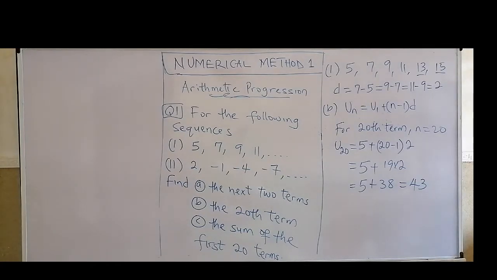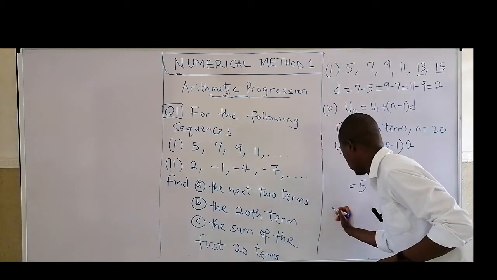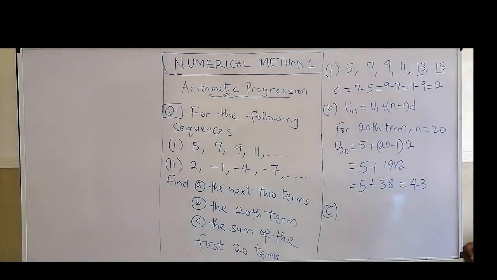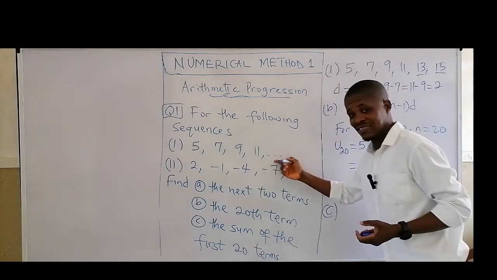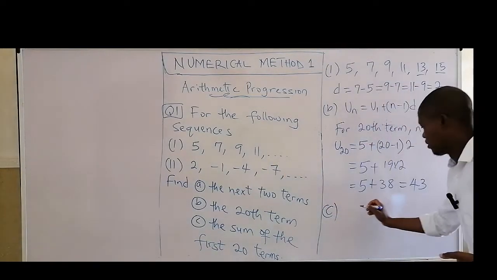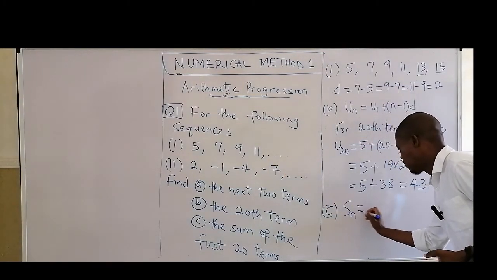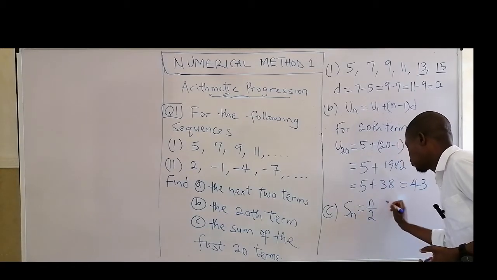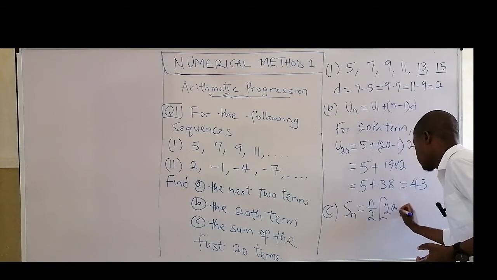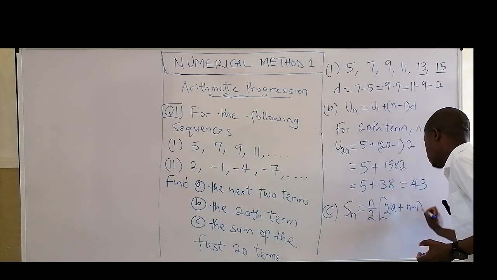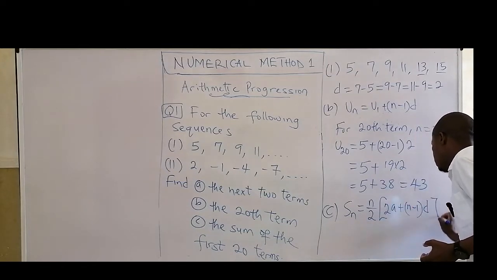Okay? So let's do the C part of that question. The sum of the first 20 terms. Don't forget the formula for the sum. In this case, we don't have the last term. So the formula we're going to use will be this one: n over 2 into bracket 2a plus (n minus 1) times d.